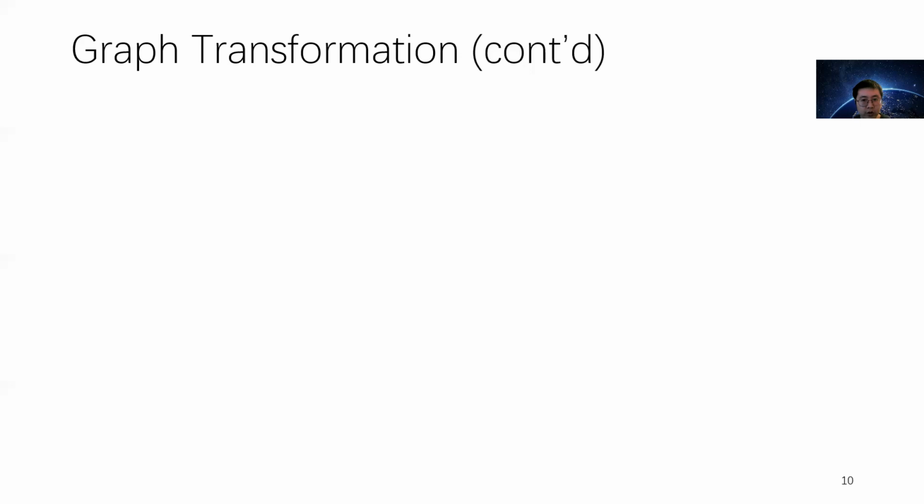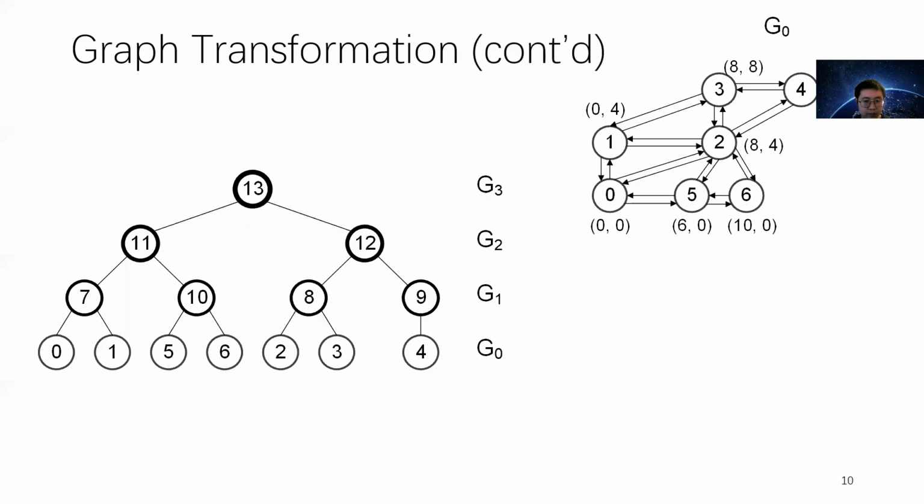Here, we show the graph transformation process. As the figure shows, we have the original graph G0 and the constructed graph hierarchical tree. Assume that for all the residuals calculated before, we perform a tree cutting on the graph hierarchical tree, shown by the orange line. The details of our cutting policy can be found in our paper.